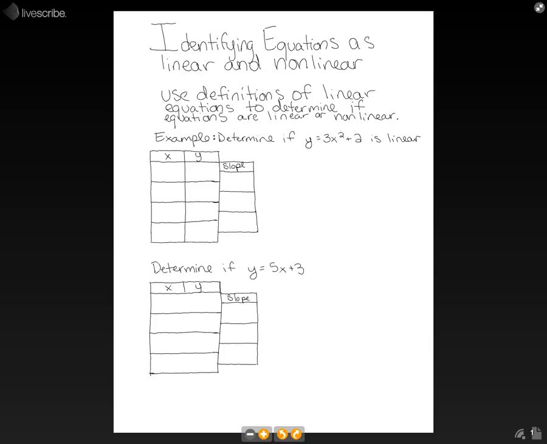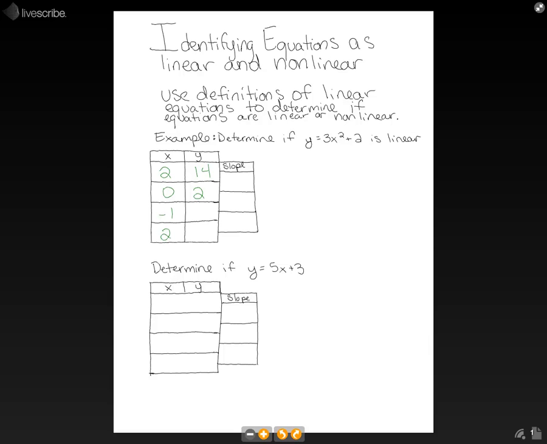So let's say we try x values of 2, 0, -1, and -2. If we put 2 in for x, 2 squared gives us 4, times 3 gives us 12, plus 2 gives us 14. If we put 0 in for x, we're going to get 0 times 3 plus 2, and that'll just give us a 2.